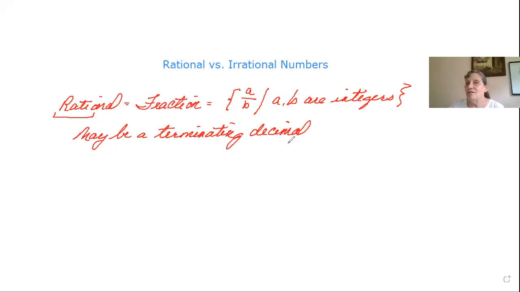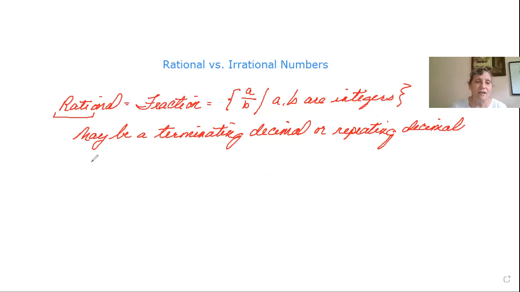So you can't necessarily look at something on your calculator and determine whether that is a terminating decimal or whether it's been rounded off. It also may be shown as a repeating decimal. And again, your calculator is just going to round it off when it gets out to so many decimal places.